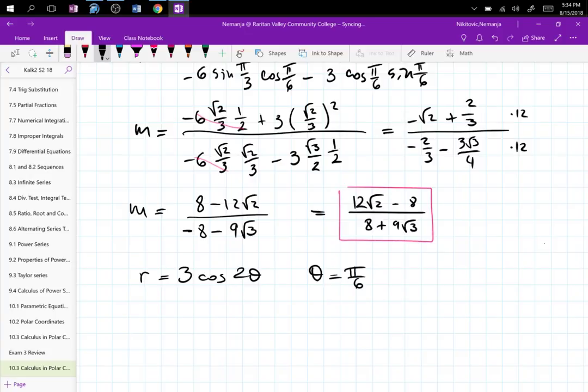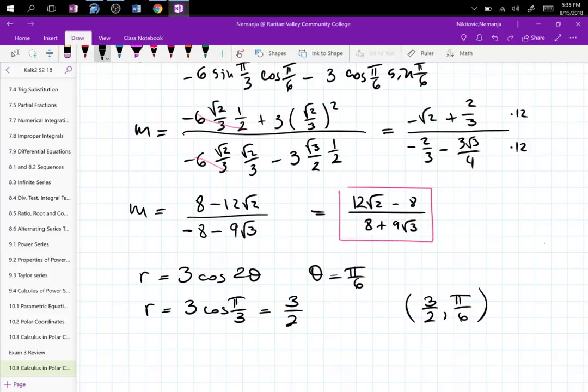If theta is equal to pi over 6, we plug that in. r equals 3 cosine pi over 3. Cosine of pi over 3 is 1/2, so it's 3/2. So our point, r and theta, is 3/2 and pi over 6.